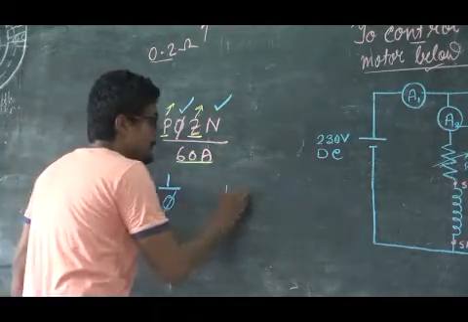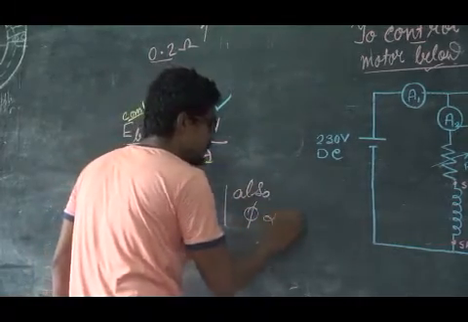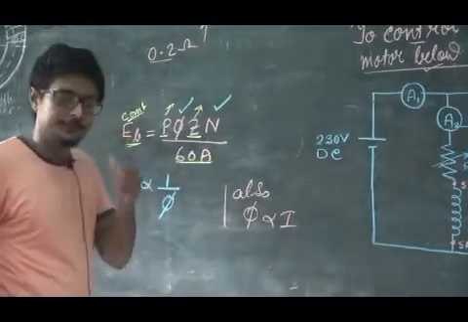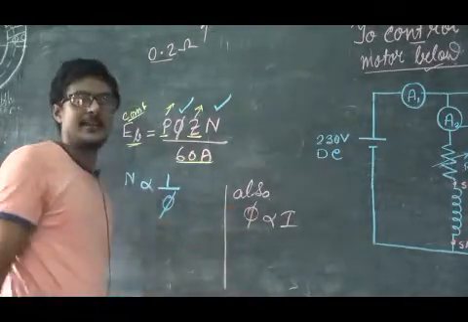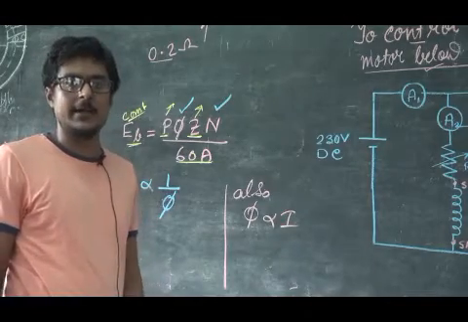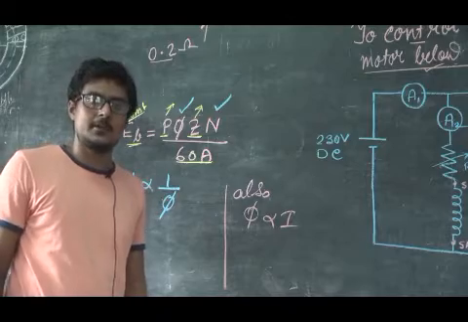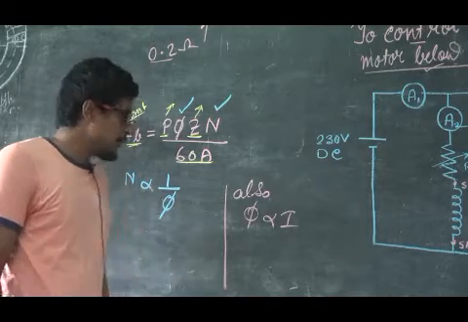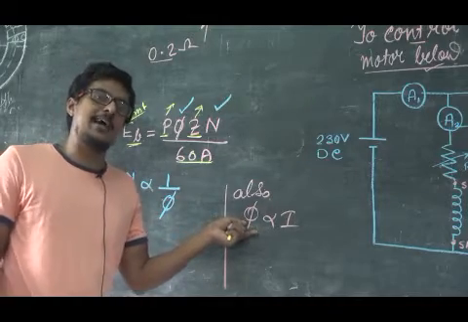Also we know flux is proportional to current I. Flux is the magnetic lines of force generated by the field winding. Only in the field winding we get the useful flux for rotation of the motor. So to regulate that, we need to handle the flux and vary it.